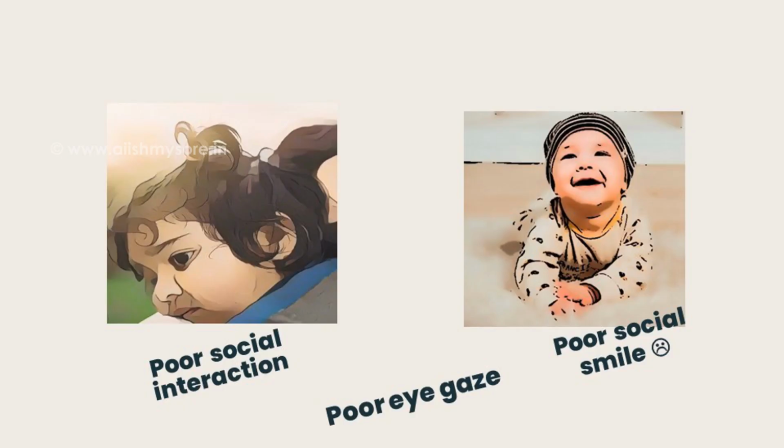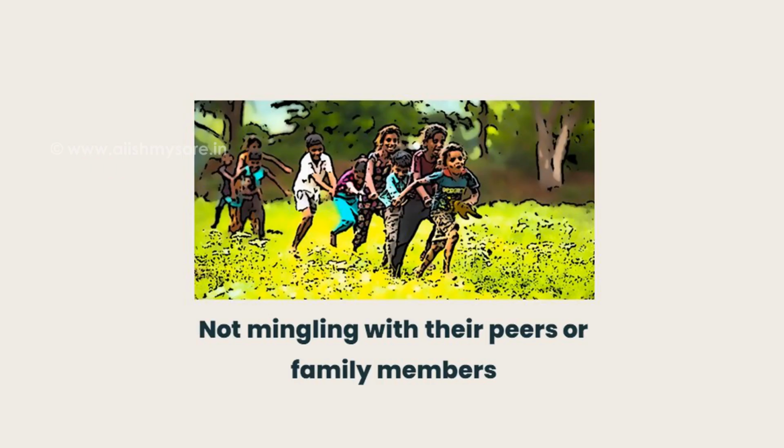You will see that often children with autism spectrum show lack of socialization skills, lack of social smile, poor eye gaze movements, and poor social interaction, which means they are not even interacting or mingling with their own peers and their family members. They always seem isolated and aloof.